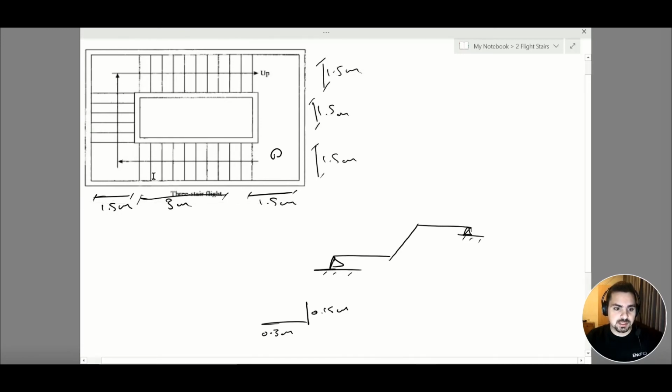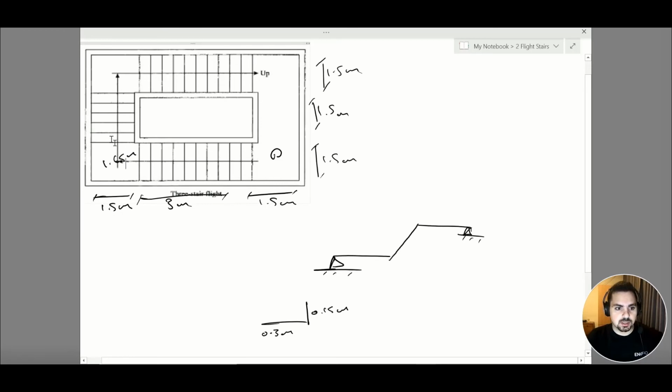So here what's happening is that we are going for an 11th step before reaching my intermediate landing. So it is 11 times 0.15, which will give us 1.65 meters.